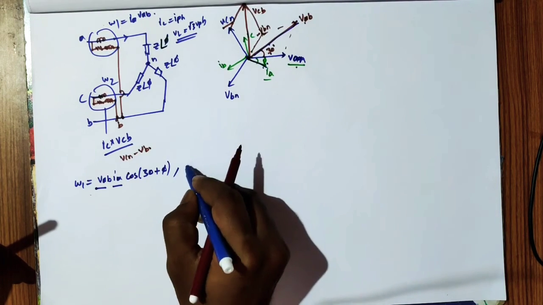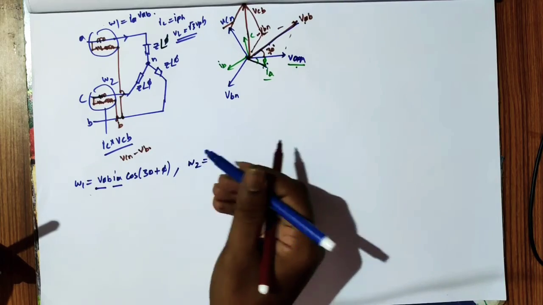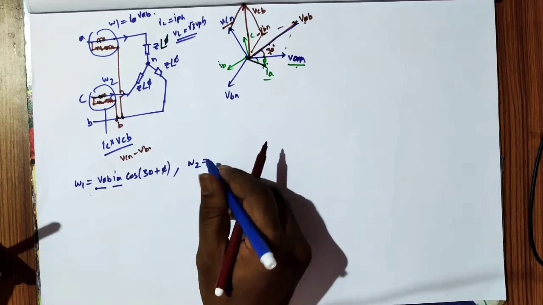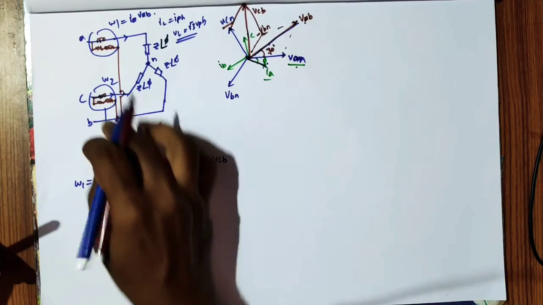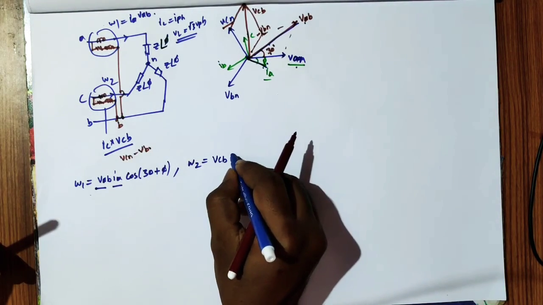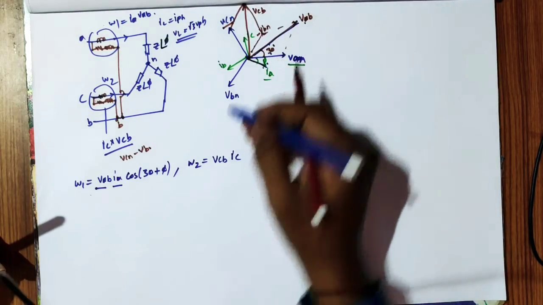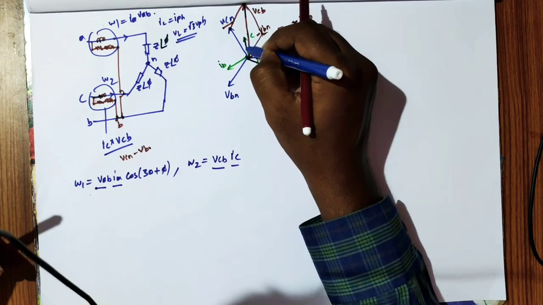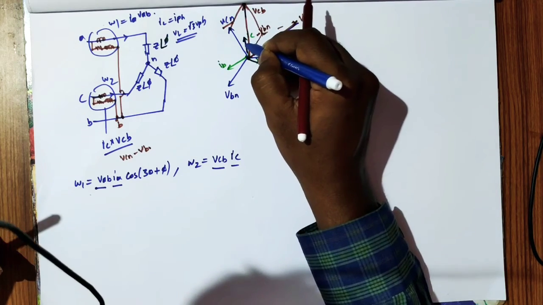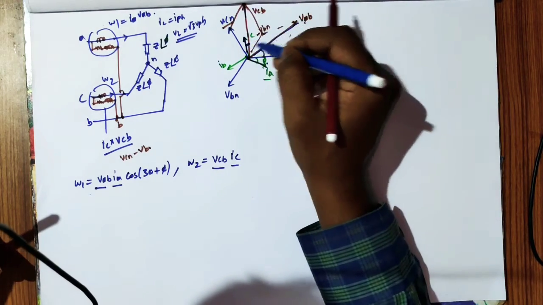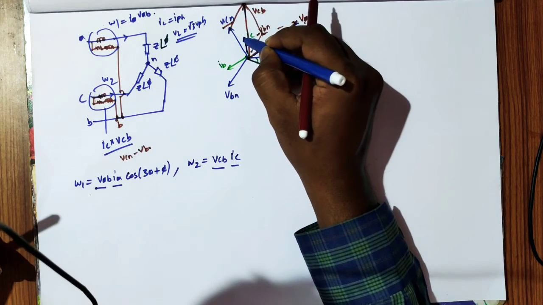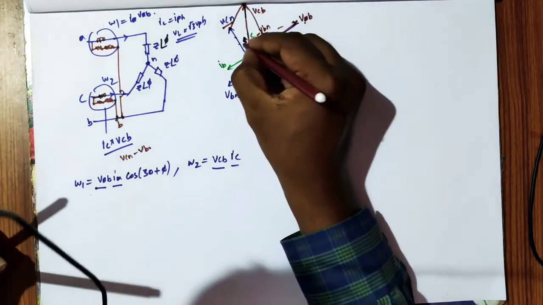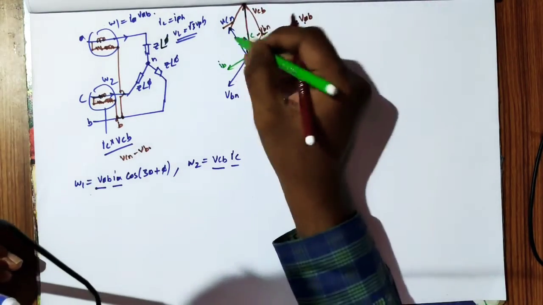And W2, what is it measuring? It is measuring line current IC and VCB, the line voltage. What is the phase difference between VCB and IC? We need to obtain the phase difference between these two. As you already know, this is the line current and this is the phase voltage, and between them you have the phase angle phi.